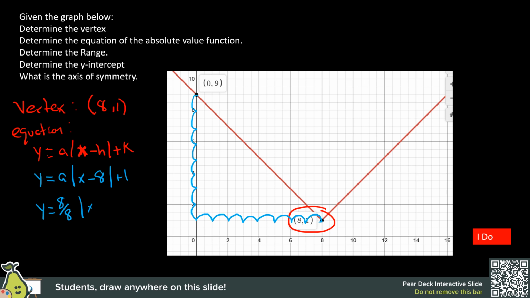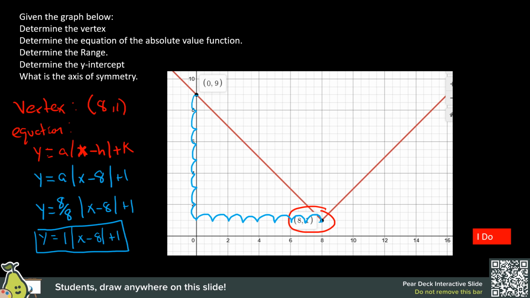Absolute value of x minus 8 plus 1. And you can reduce that 8 over 8 to 1. So we can say y equals 1 times the absolute value of x minus 8 plus 1. And this is our equation.